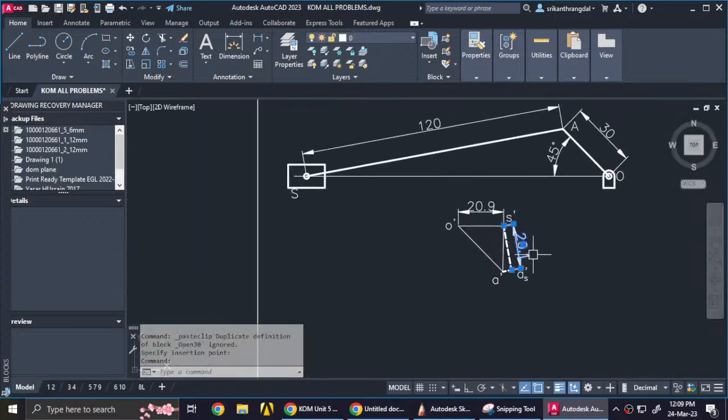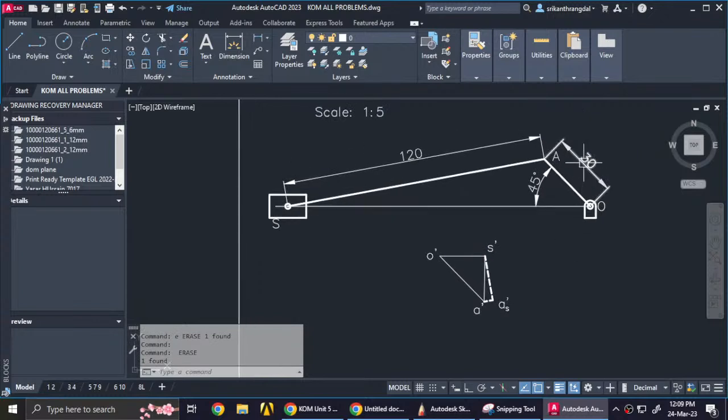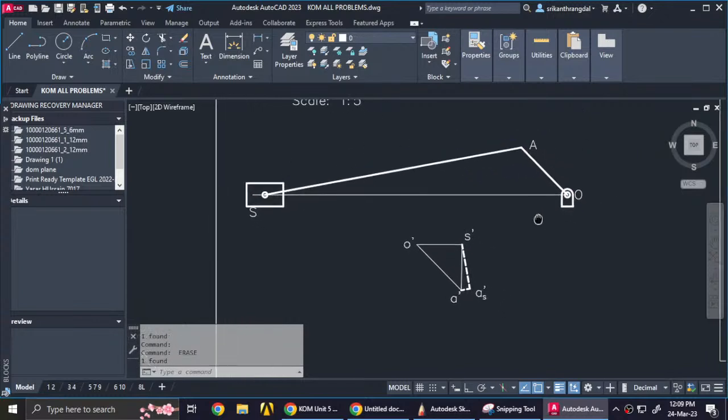Right. So there is no need for showing these lengths because he has not asked for any particular values. So you can just take this.